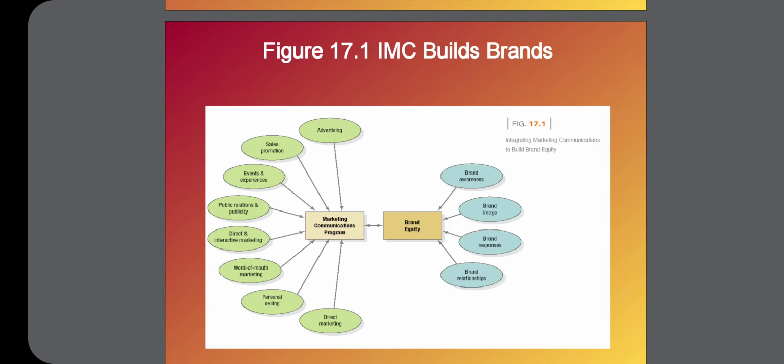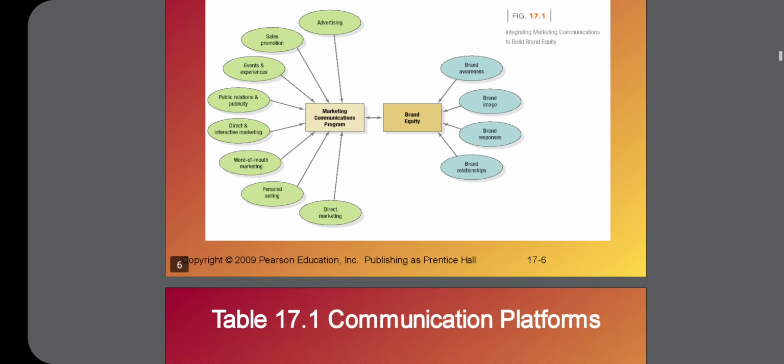Then customers can be responsive to the brand that you offer, and in the long run you may also establish a strong relationship with your customers. So through your marketing communications program, it may lead to brand equity, wherein there would be brand awareness, brand image, brand responses, as well as brand relationships.